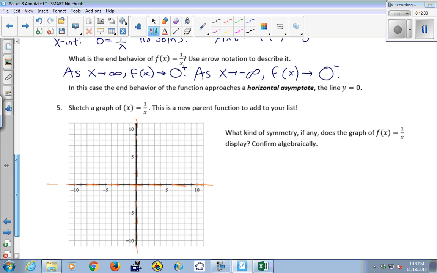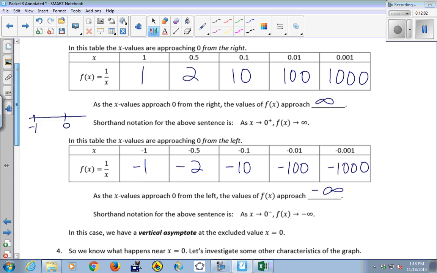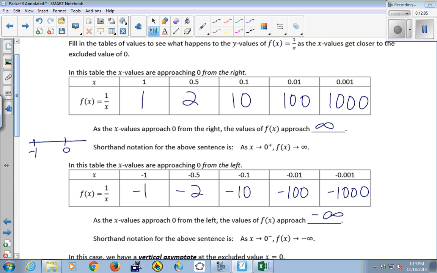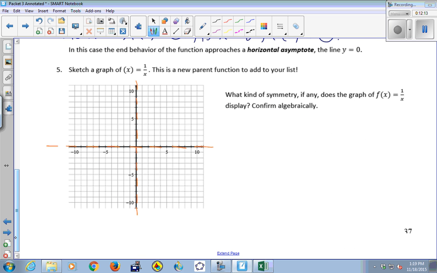And I know from those tables that I did, as my x values get close to 0, my y values blow up. So as my x values get really close to 0, my y values are going to blow up. So I've got something like this. And then my end behavior, I approach the asymptote. My end behavior approaches 0.